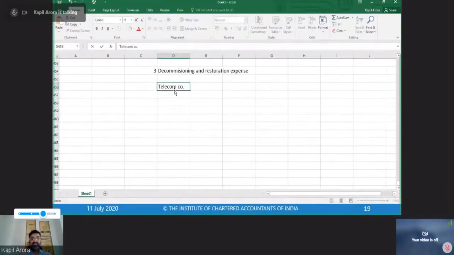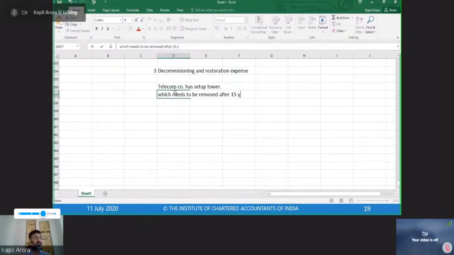The telecom company has set up a tower which needs to be removed after 15 years.